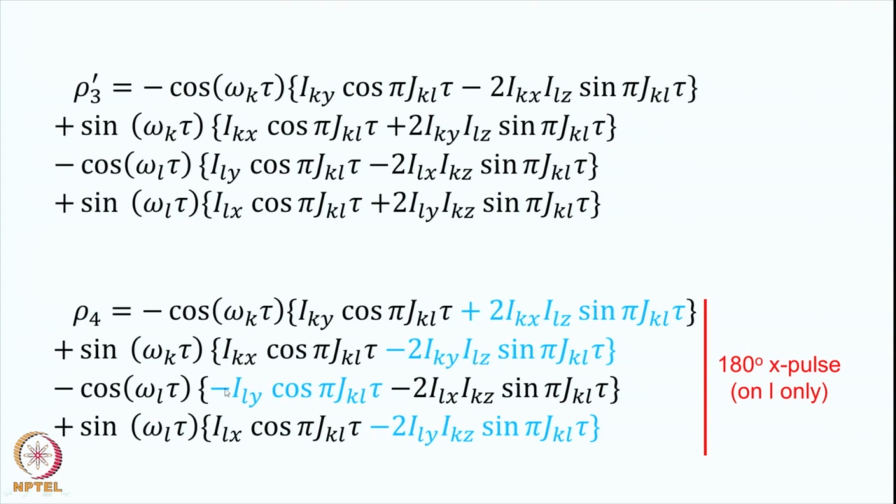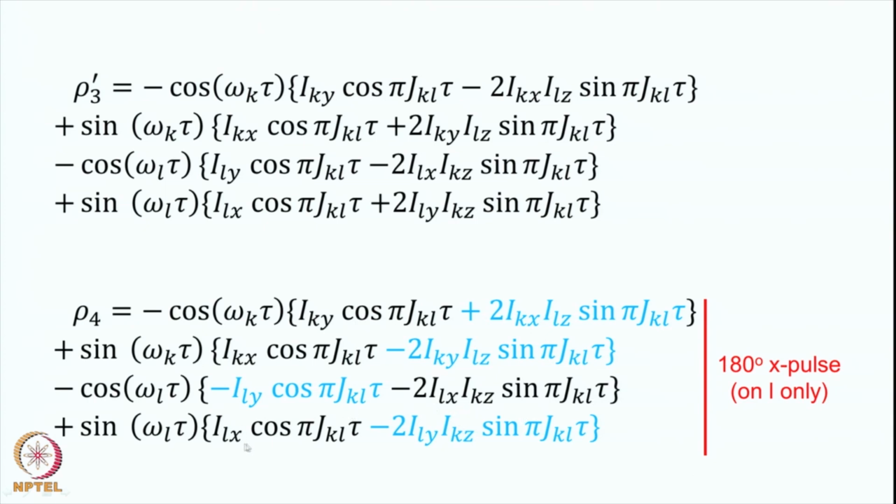The third term, now this one ILY goes to minus ILY, because this is the X pulse. So this is again in a different color, whereas this one is invariant, ILX is invariant, therefore nothing happens to this term, this remains as minus 2 ILX IKZ sin pi j k L tau.